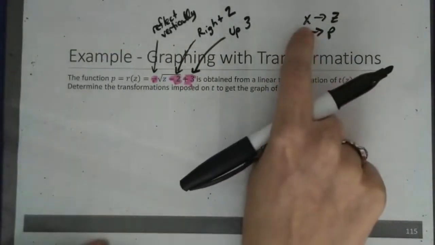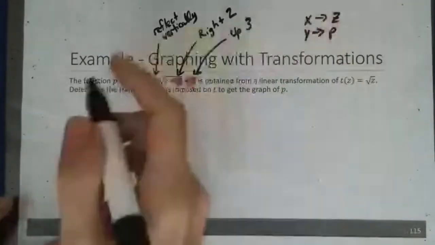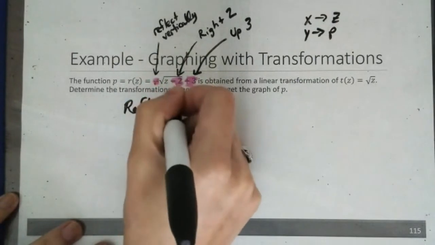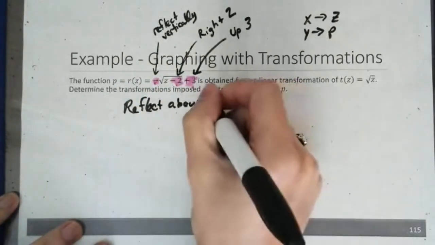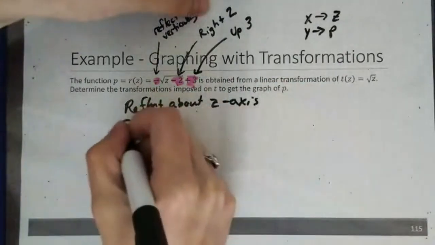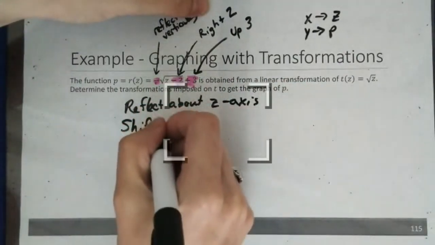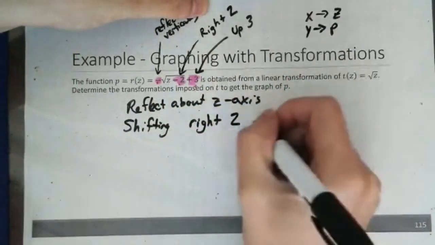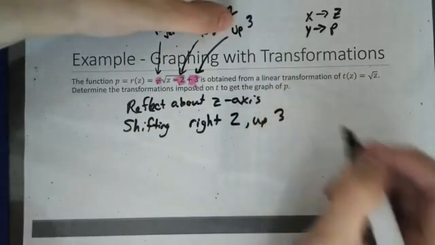Well, we're not reflecting over the x-axis, we're reflecting over the z-axis. So we are reflecting about the z-axis. We are shifting right 2 units and up 3 units.